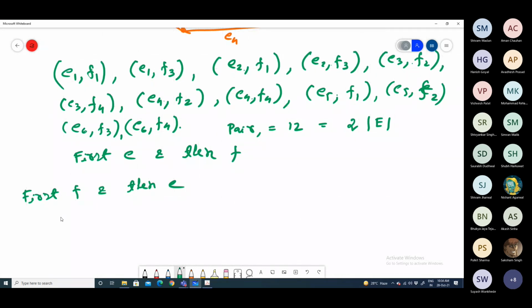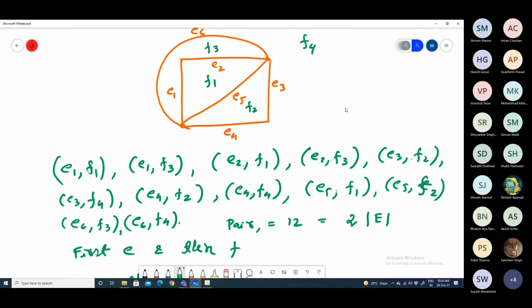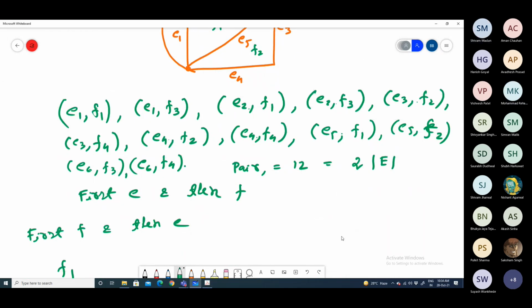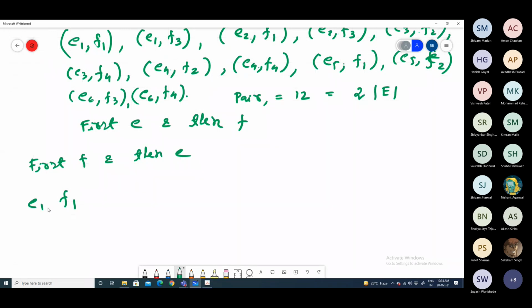First we count F1. How many edges are there for F1? Can you tell me? What are the bounding edges? The region F1 is bounded by how many edges? E1, E2, E5, right? So here E1, E2, E5.